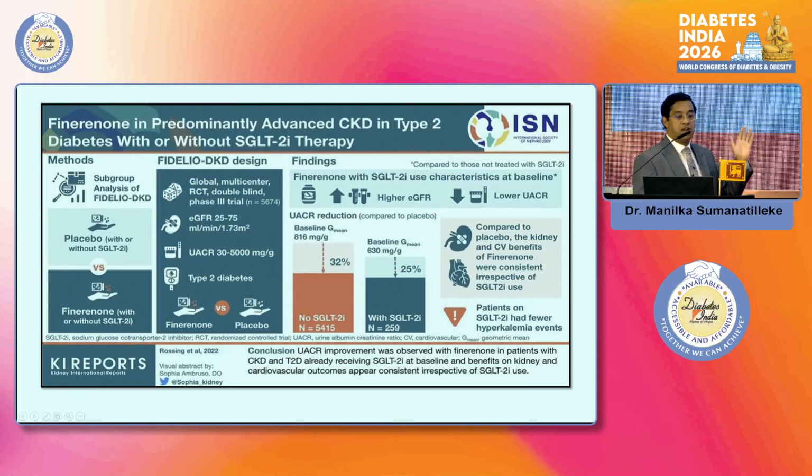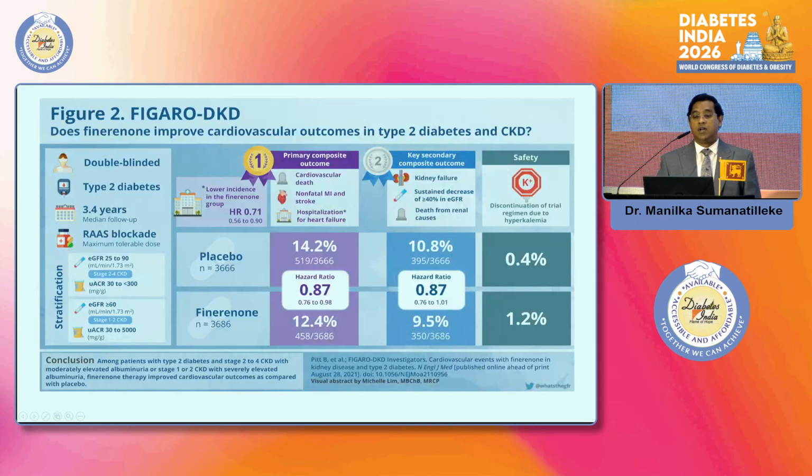So the new studies, all of you may be familiar, Fidelio is not very new. The Fidelio DKD study showed that finerenone, over and above what is given with SGLT2 inhibitors, over and above the reduction seen with SGLT2 inhibitors, there will be a reduction in the proteinuria in your diabetic patients.